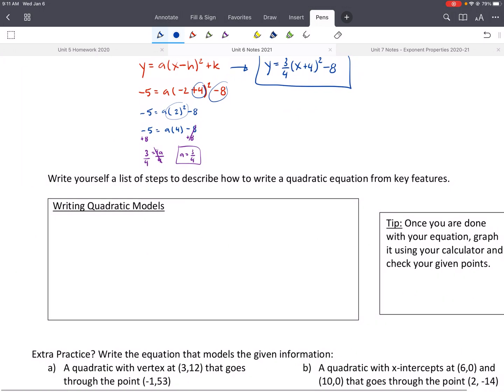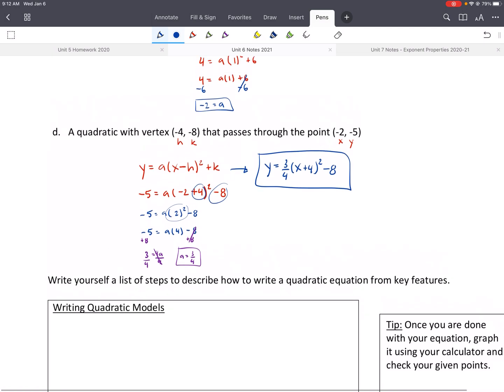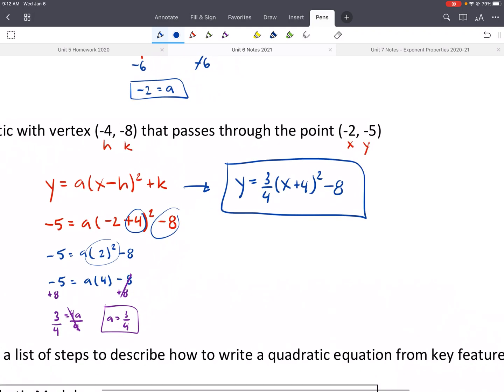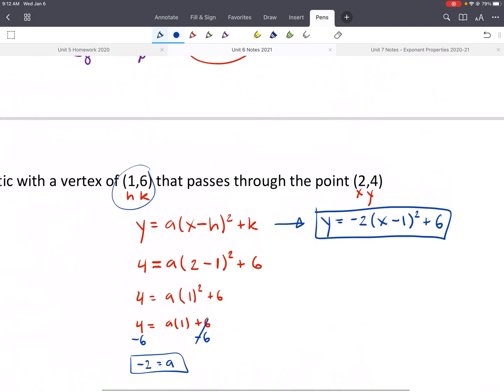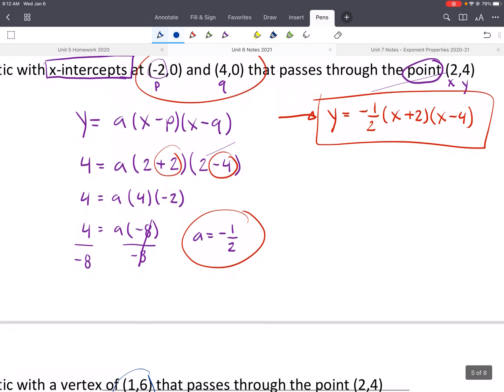All right, so write yourself a list of steps to describe how to write the quadratic equation from key features. You can do it however you'd like, but basically you're going to look at the problem and locate whether they're giving you the vertex or the x-intercepts. If they have the x-intercepts, we use intercept form. If we have the vertex, we use vertex form. Okay, we are going to label our numbers that are like h, k, x, y, or if it's in standard form, we do p, q, and x, y.